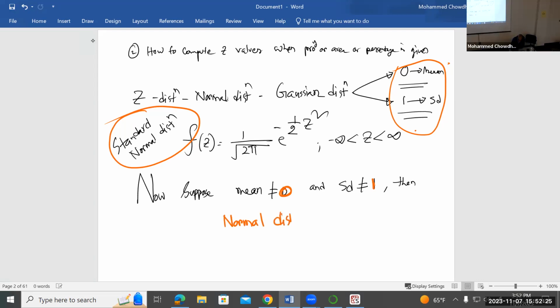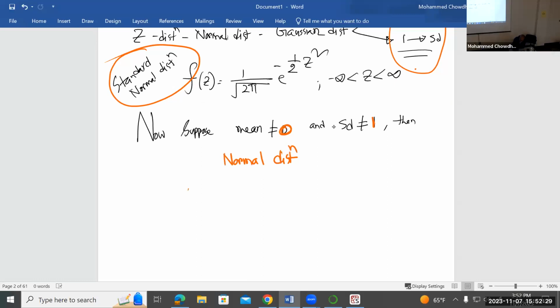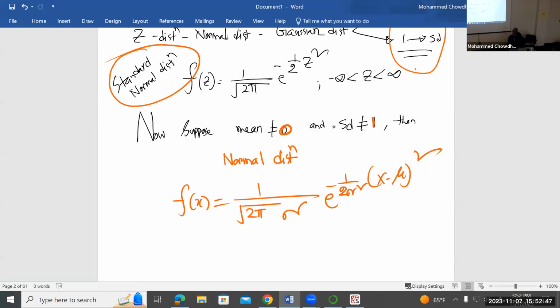How does the mathematical formula look? The mathematical expression looks like this. Again, you do not need to memorize any of these things. Sigma e to the power minus half sigma square x minus mu square. This is the mathematical formula of the normal distribution. So why am I writing this?